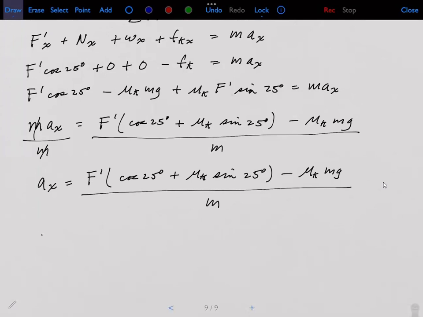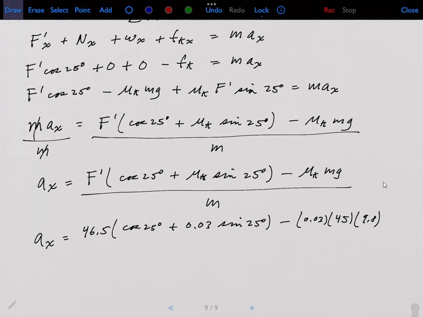Okay, so let's plug in. So I know F prime was 46.5. I have a cosine of 25, whatever that is as a decimal, but you can work it out in your calculator, plus 0.03 sine of 25 minus 0.03 times 45 times 9.8, all divided by m, which was 45.